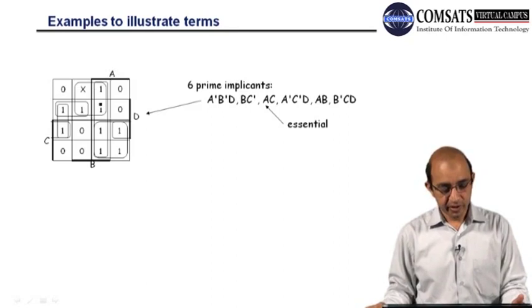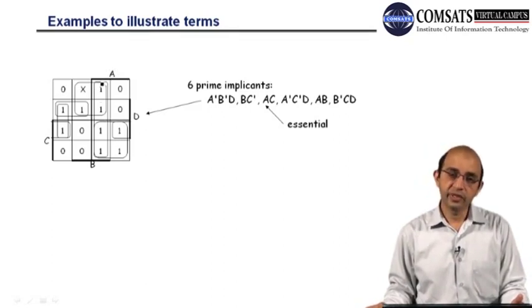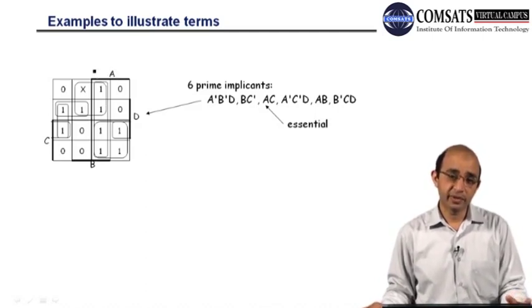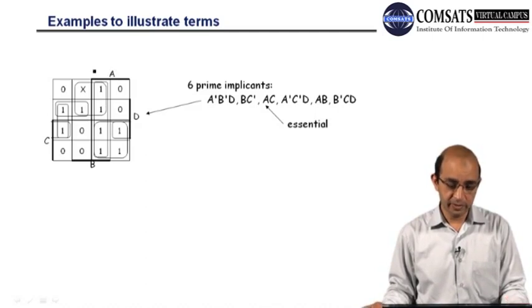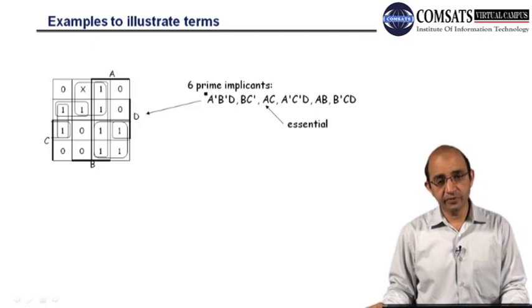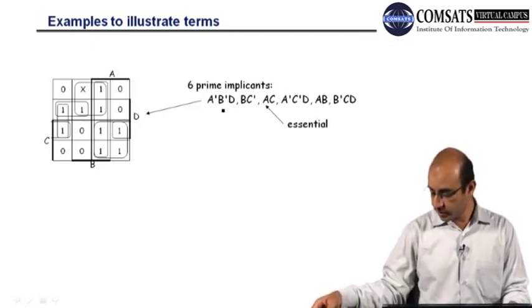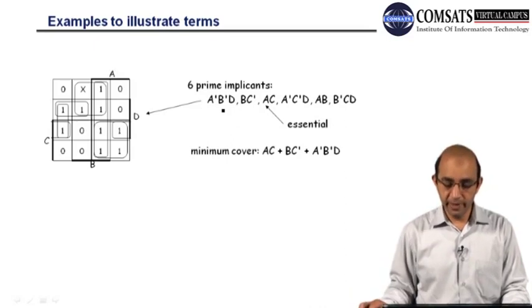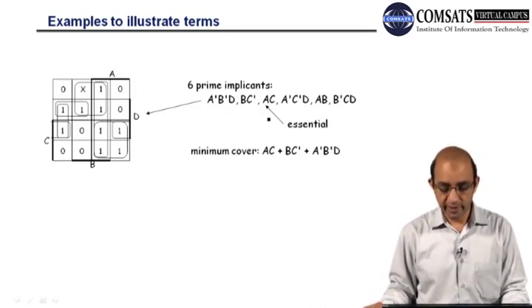Whenever we have a grouping, the ultimate goal is to eliminate a literal, or a variable. Over here we have 6 prime implicants and they cannot be simplified anymore. Within those prime implicants, we will be looking for essential prime implicants.